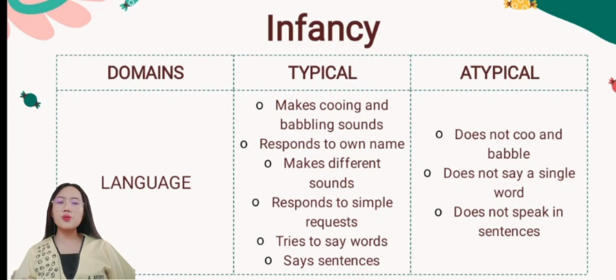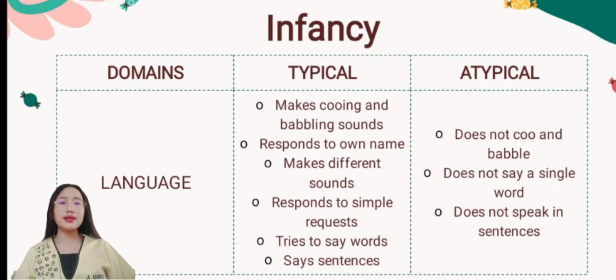In the language domain, in typical, their behavior is that they make cooing and babbling sounds and respond to their own name. Like if we call them baby, then they will respond because they know that they are the one being called. Then they make different sounds, respond to simple requests, and try to say first words like baba and papa.